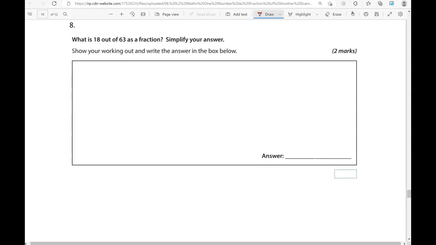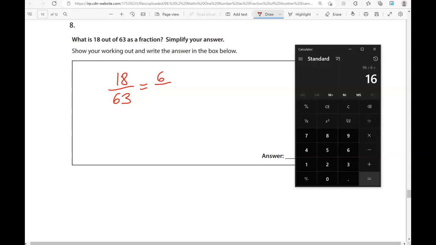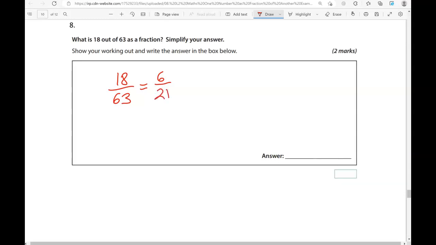What is 18 out of 63 as a fraction? Simplify your answer. 18 can be divided by 2, but 63 cannot, to give us a whole number as an answer. So we're going to divide by 3. 18 divided by 3 is 6. 63 divided by 3 is 21.